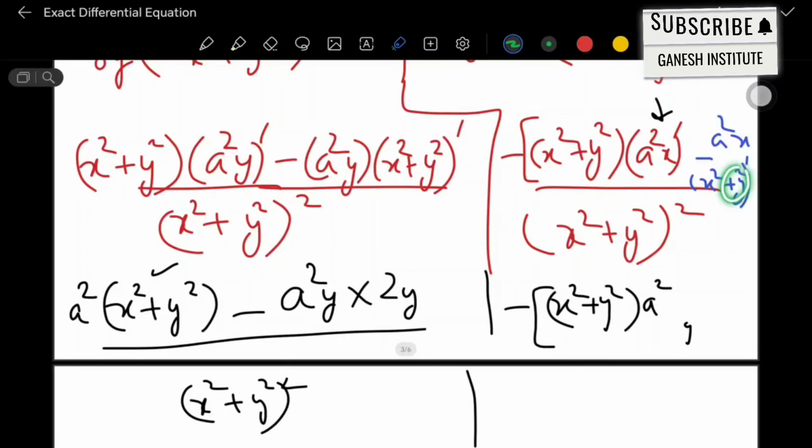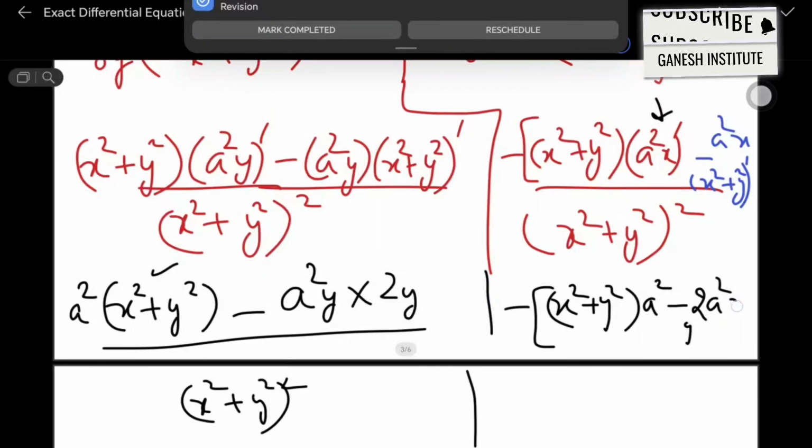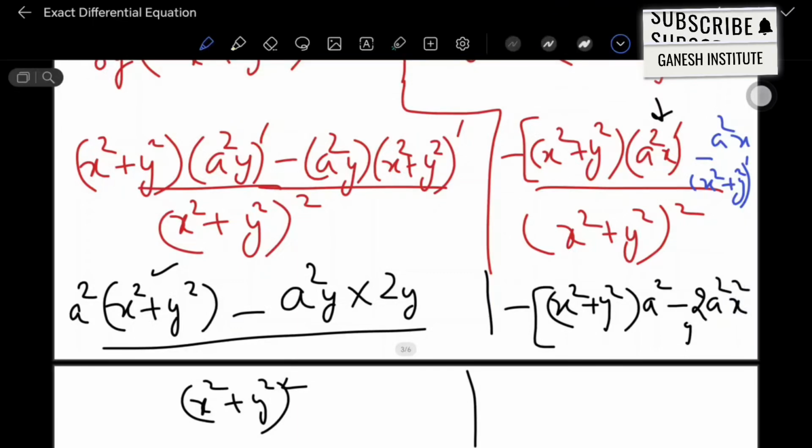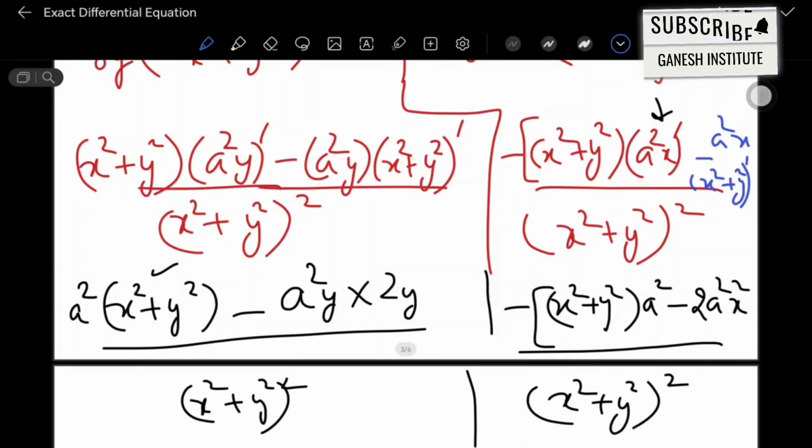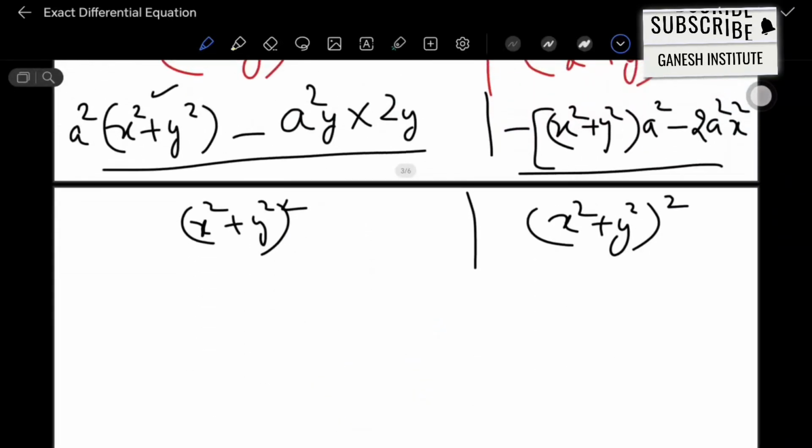So y square is constant, x square gives 2x. So it will be 2x into a square, right? So 2a square x square. And also I need to divide it by the same denominator.